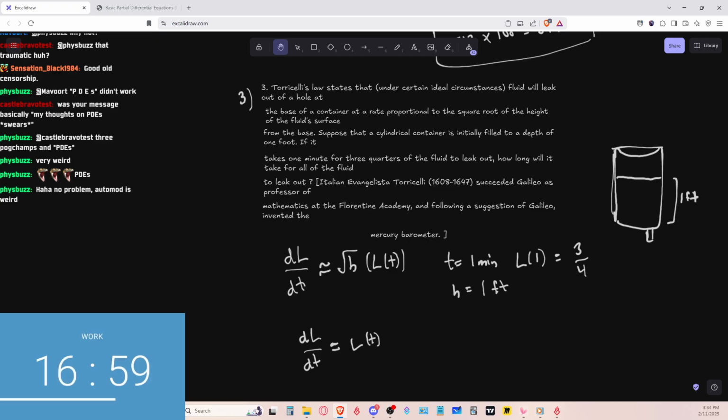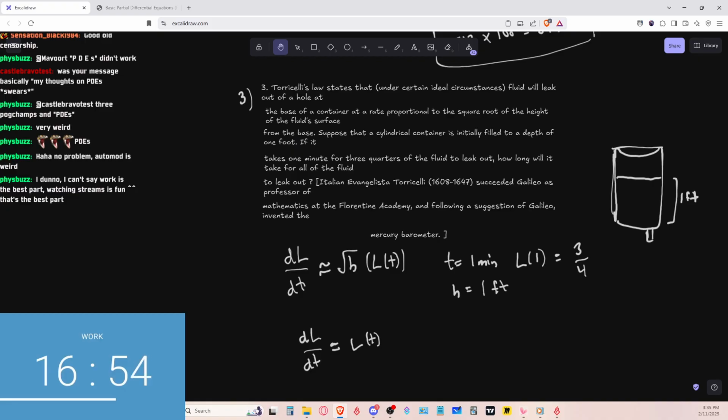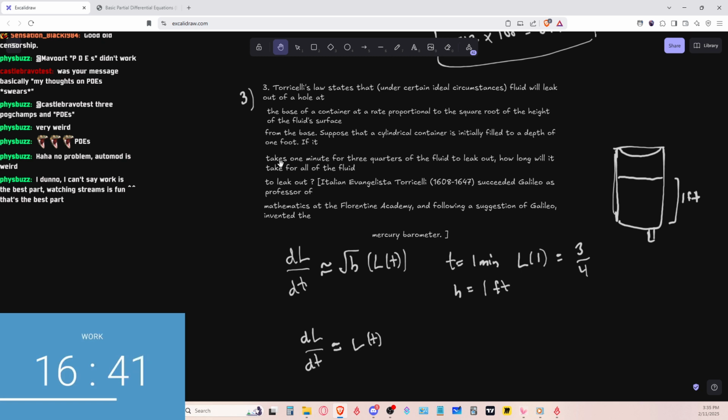And Mavort, you typed in the problem is the derivative of the height with respect to time, square root of the height. Yeah, so it takes 60 seconds, for 1/4. H0 fine. Okay, I guess we'll do what you suggested.